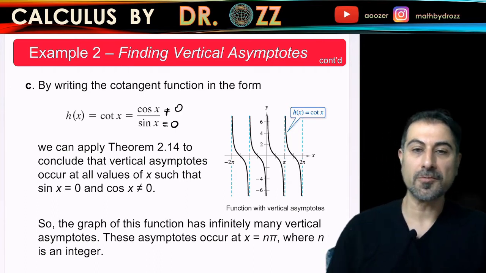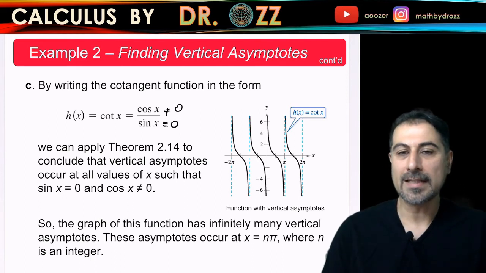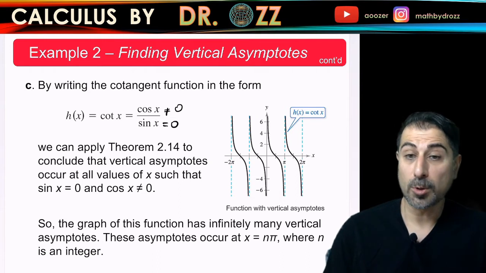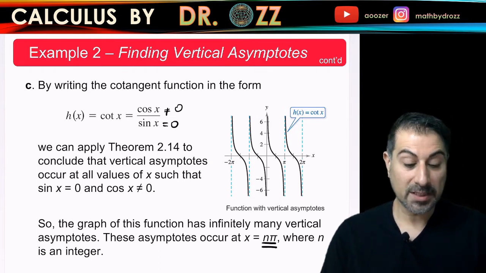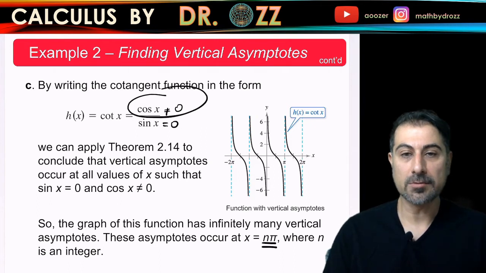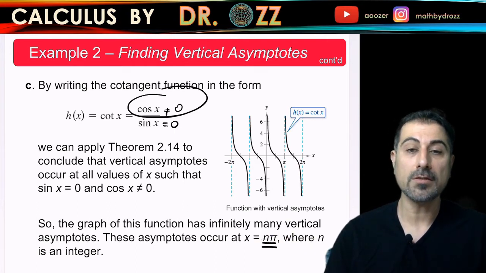If you search for those values, sine in fact becomes 0 at the integer multiples of pi. So at those points, cosine is totally non-zero because it takes the value of -1 or 1.